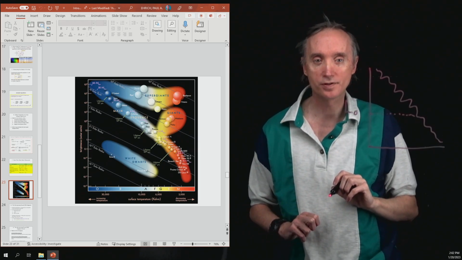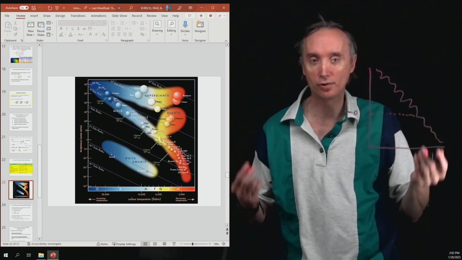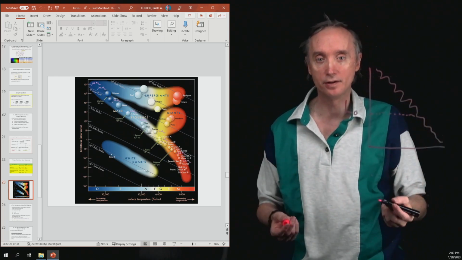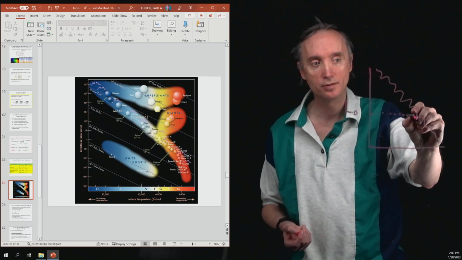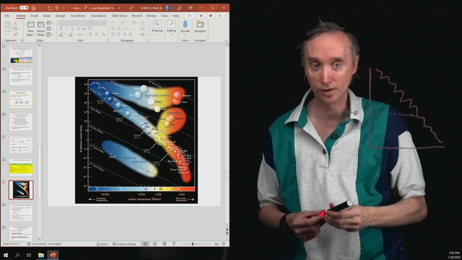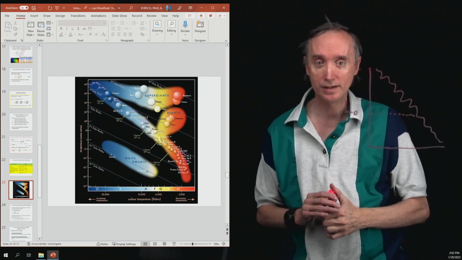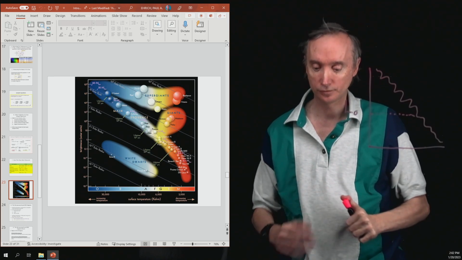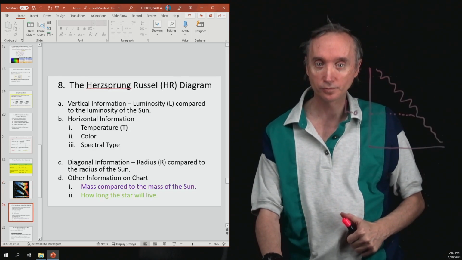Do you notice what's there? The sun, because the sun has a brightness of 1 times the brightness of the sun. So the sun is going to be right here on what's referred to as the main sequence, and we'll talk more about what the main sequence is in just a moment. Okay, got that? All right, so let's keep going.